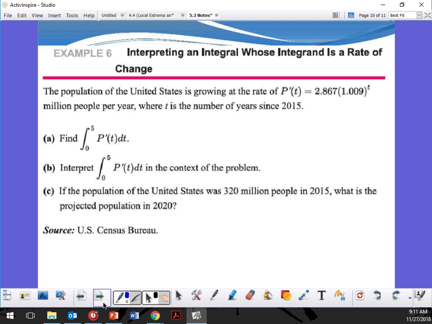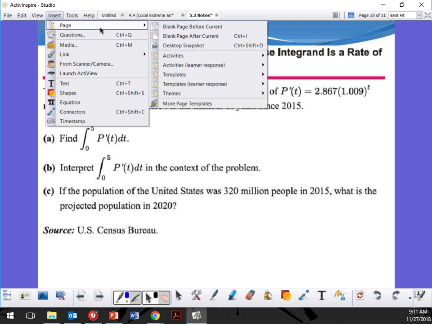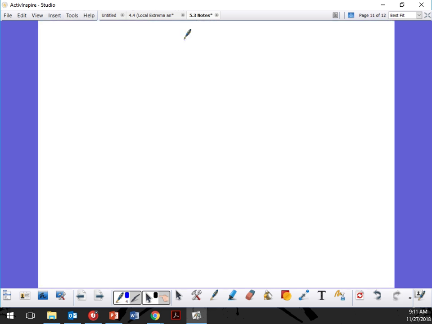And what would 5 represent? 2020, right? So what we're going to do is the integration of that function, from 0 to 5.